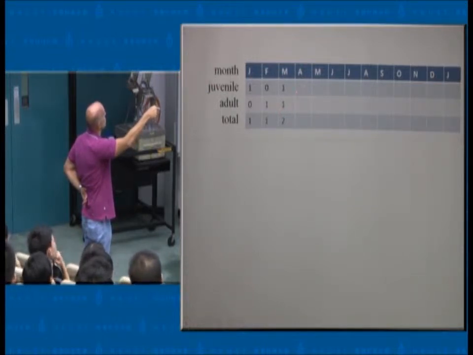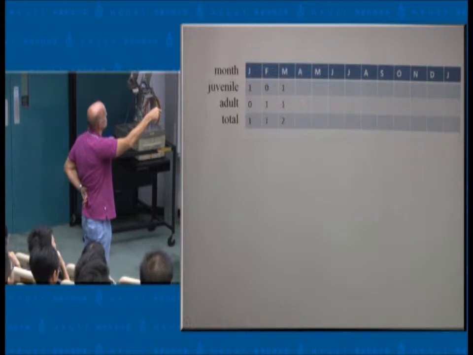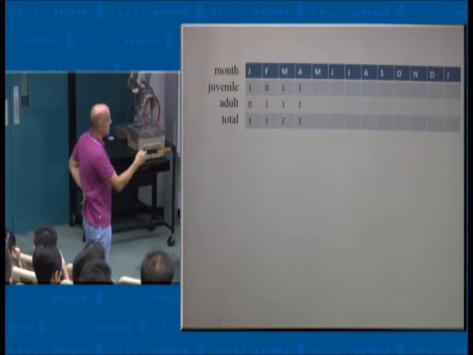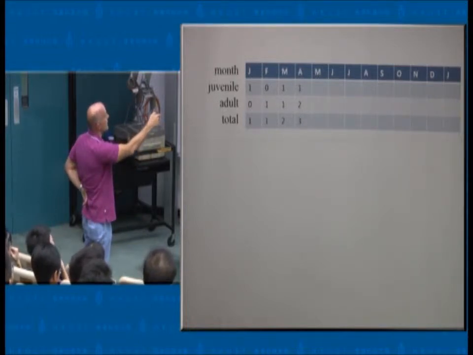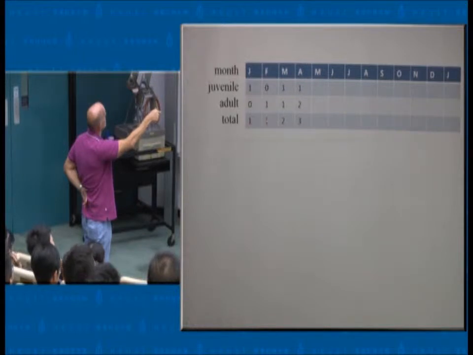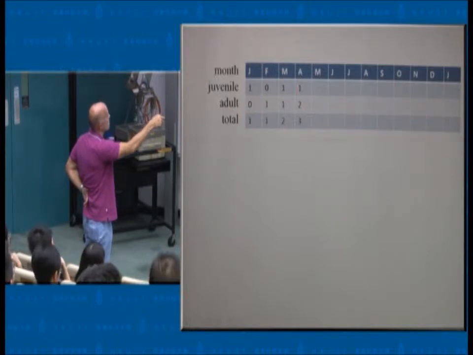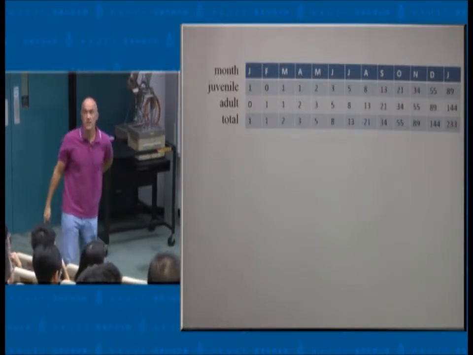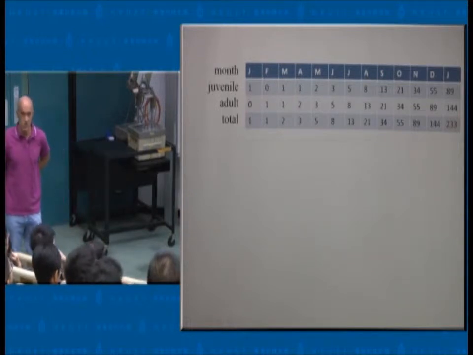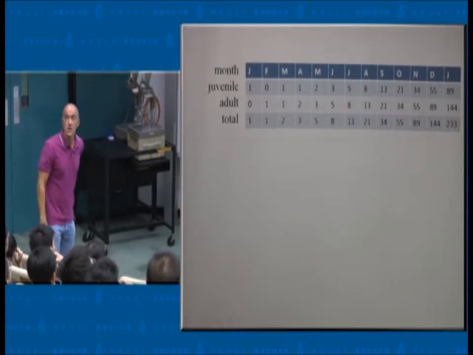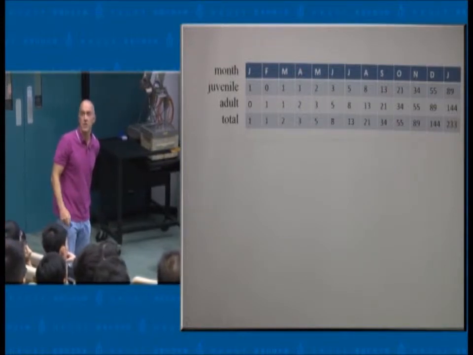Okay, so we should have 1 juvenile here from this one giving birth, and we should have 2 adults here from this pair becoming an adult and the adult pair that was already there. Okay, so 1, 2, and 3. So 3 total rabbit pairs now. So we have 1 rabbit pair, 1 rabbit pair, 2 rabbit pairs, 3 rabbit pairs, and so on. Okay? So everyone understands how this table is being built up. Okay? Any questions about the table?